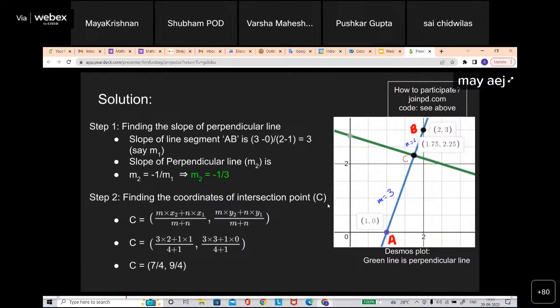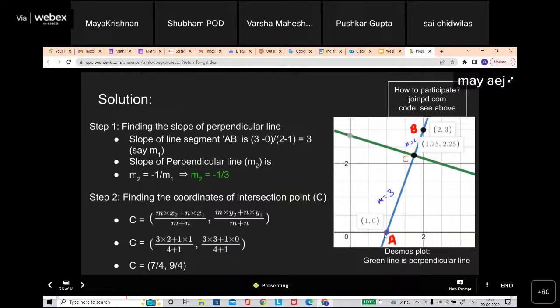So the solution: just as I told the idea, find the slope of the perpendicular line. How will you find that? You already have point A (1, 0) and point B (2, 3). Using the slope formula, (y2 minus y1) upon (x2 minus x1), when you calculate this, you get 3.